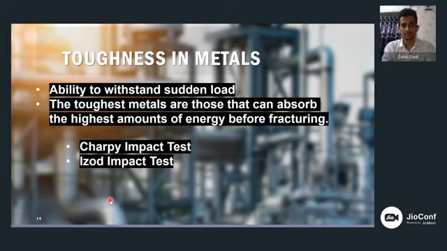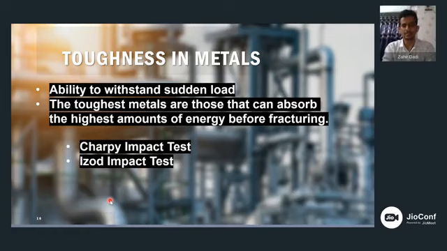A material may have higher tensile strength and higher hardness, but if it does not have the ability to sustain a certain load, then the material can be defective from the start of its application. So the Charpy and Izod tests are used to derive the toughness of metals.